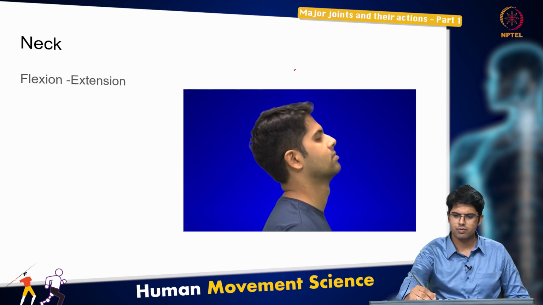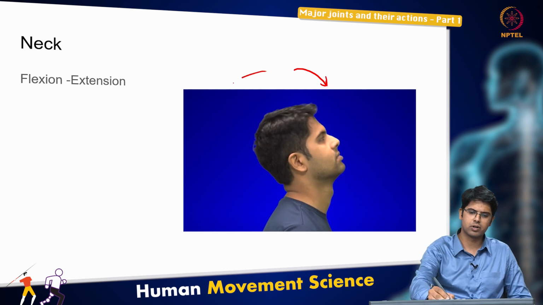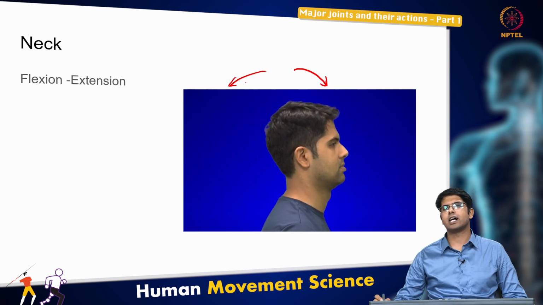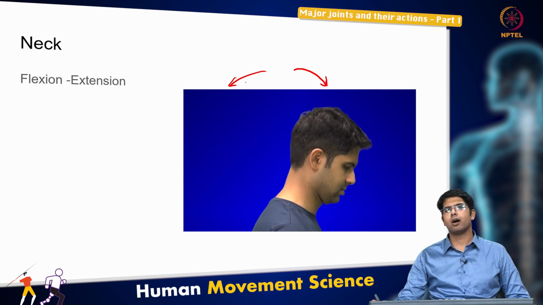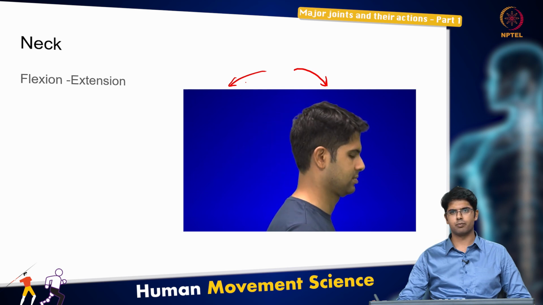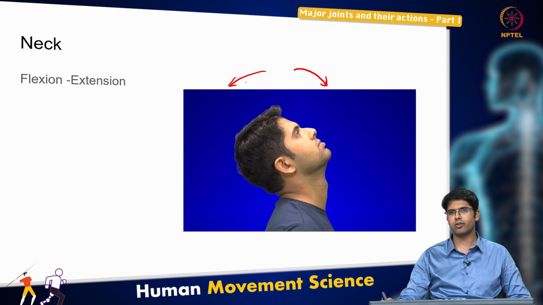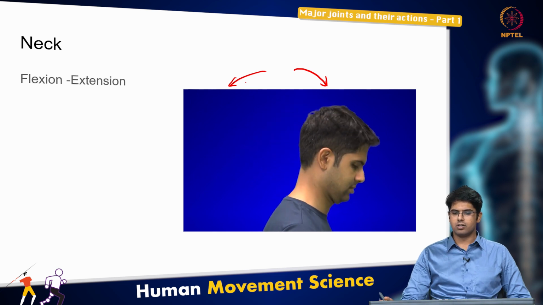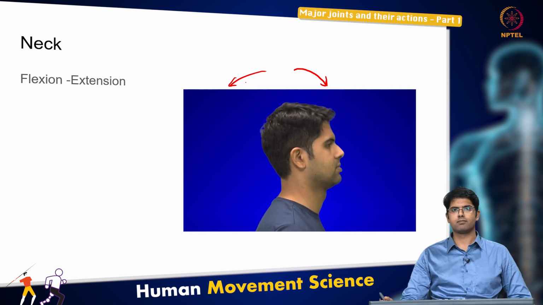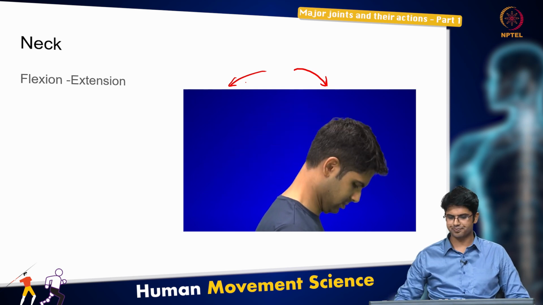So the neck allows for the head to tilt forward and backward in the sagittal plane. This is an important movement for looking up, looking down, protecting yourselves during a martial arts movement, for example, right, for nodding. So this is one of the common movements.